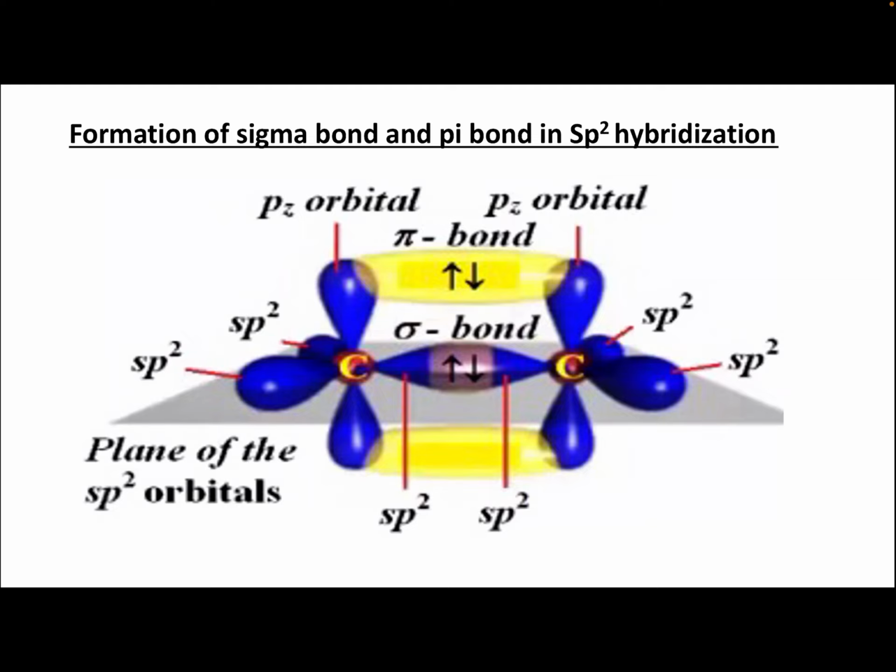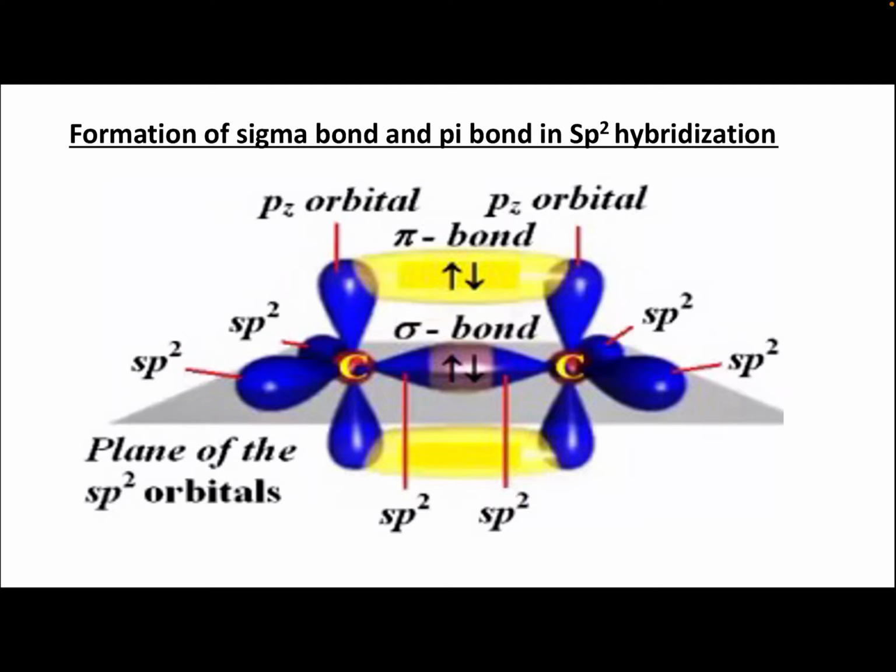On the left side you see 2 sp2 hybrid orbitals, and one hybrid orbital is overlapping with a hybrid orbital of another carbon. On the right side also there is a carbon with 3 sp2 hybrid orbitals, and one sp2 overlaps with the sp2 hybrid orbital of the other carbon.